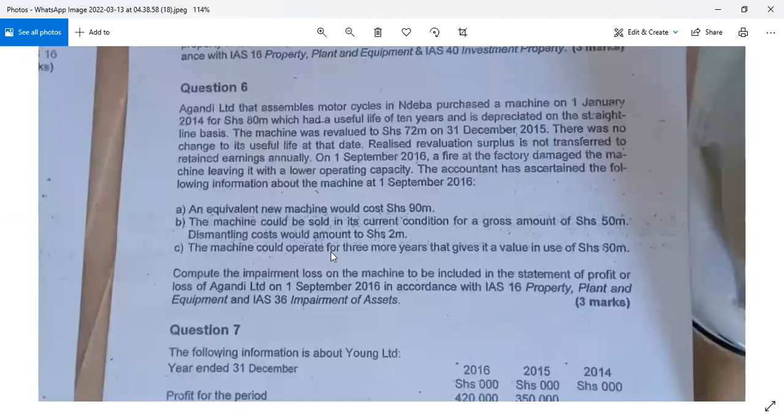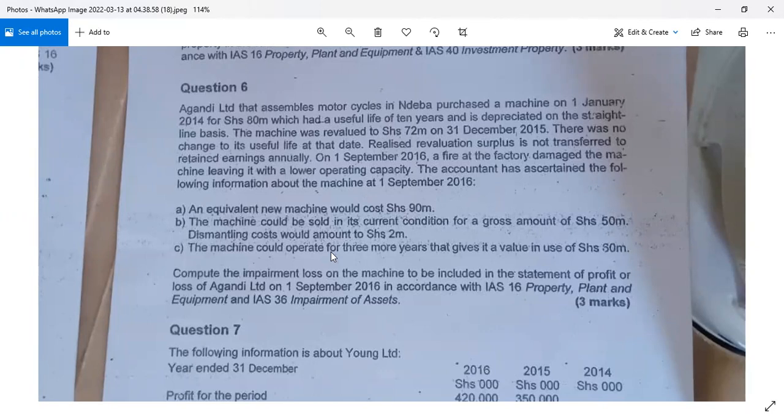Here is the question: compute the impairment loss on the machine to be included in the statement of profit or loss for Agadi Limited on 1st September 2016, in accordance with IAS 16 Property, Plant and Equipment and IAS 36 Impairment of Assets.